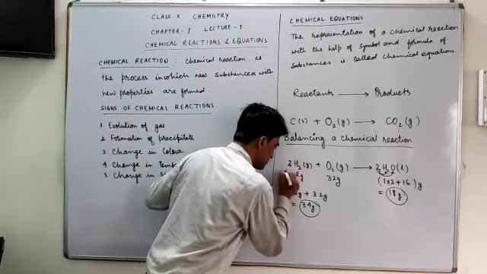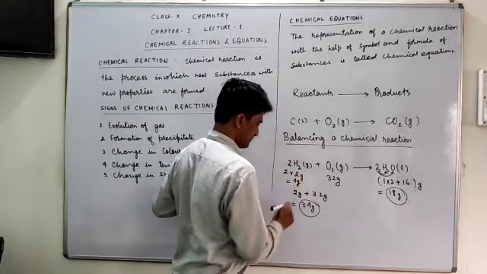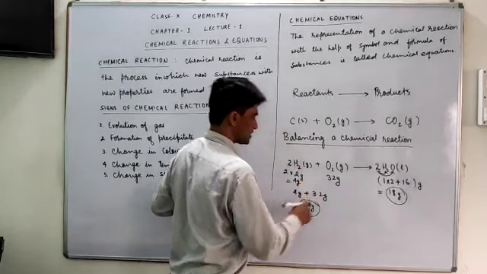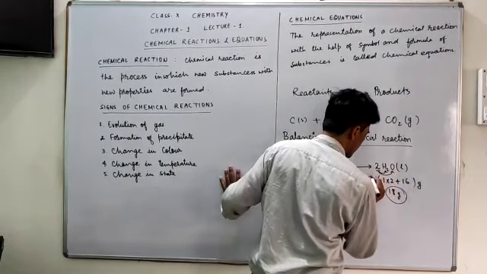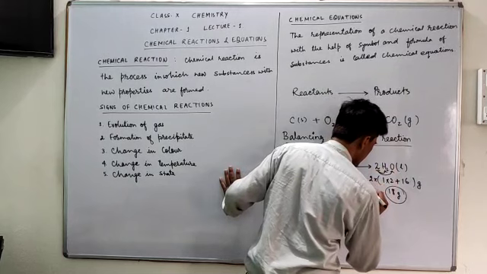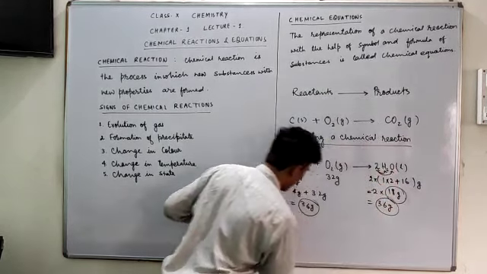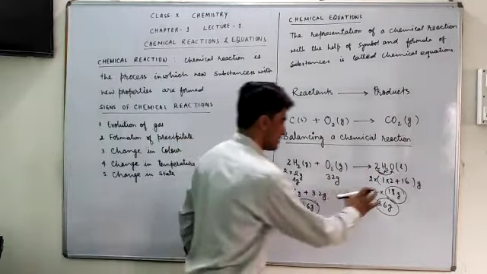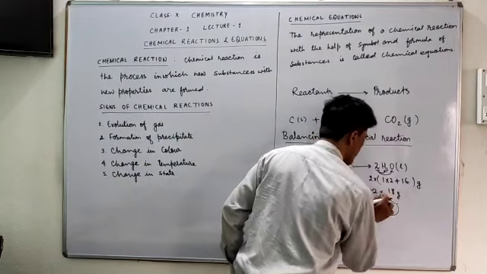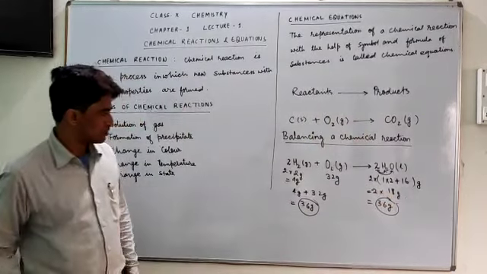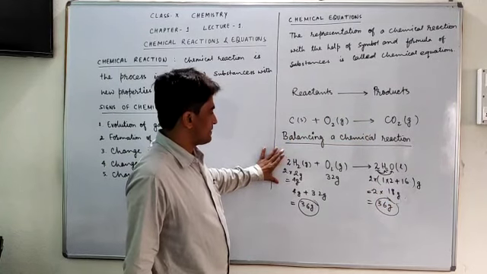Now the mass of hydrogen will become 4 gram. 4 gram plus 32, that is 36. And the mass of water will become 36. Now the mass of product is equal to the mass of reactant. So this is called a balanced chemical equation.